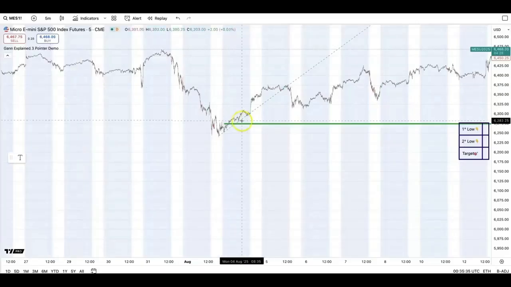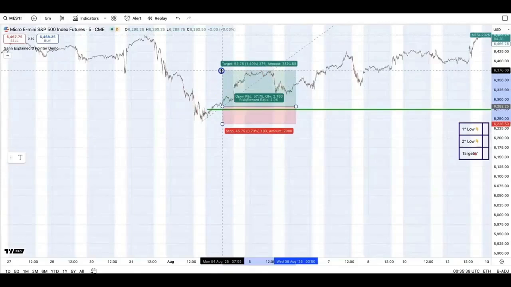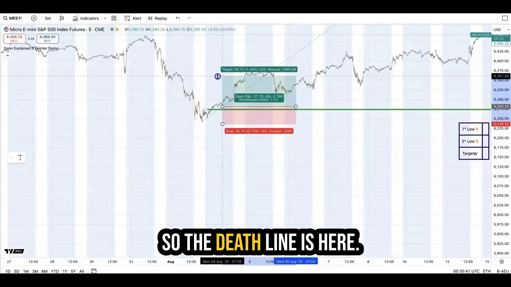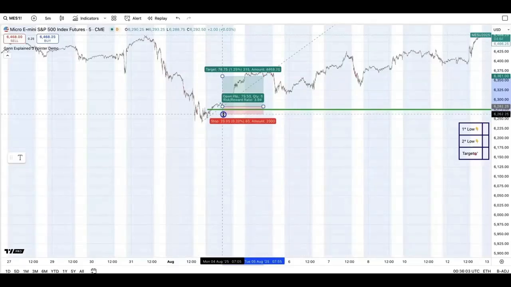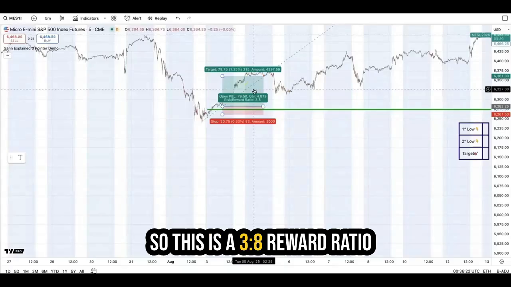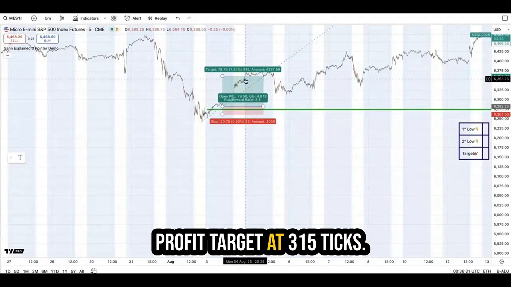The depth line is here, and if I choose a previous low, this is a 3-to-8 reward ratio with stop loss at 83 ticks and profit target at 315 ticks.